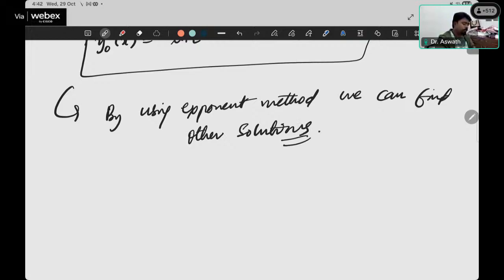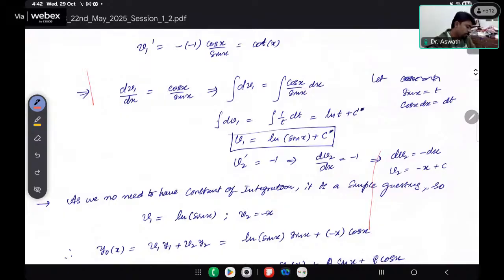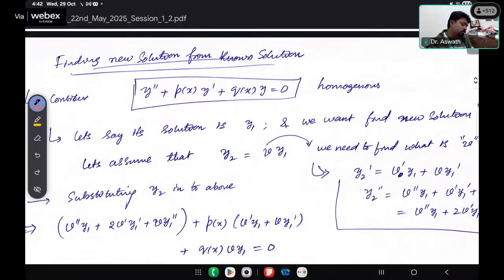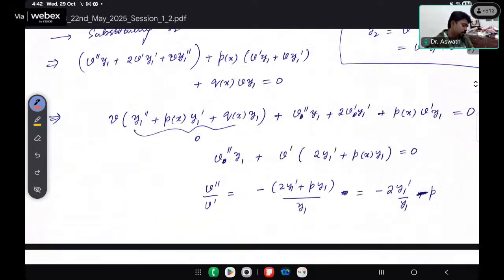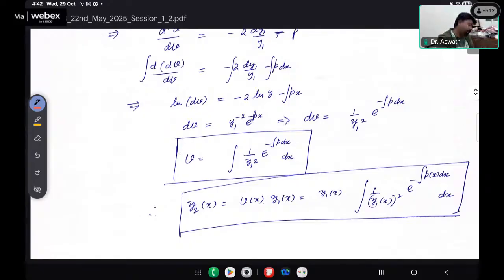One minute, let me show you. Finding new solutions from the known solutions. So we find some v of x, multiply it to the old solution, and that gives you a new solution. What is v of x? V of x is some exponent which is constructed out of the old solution.